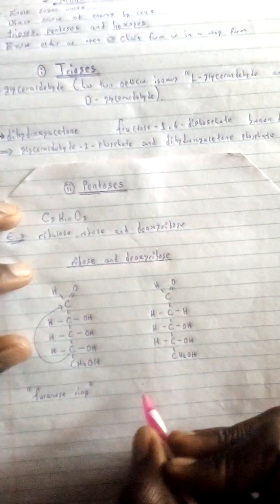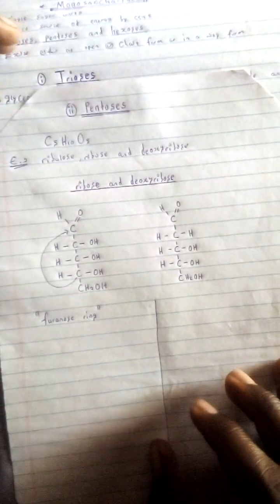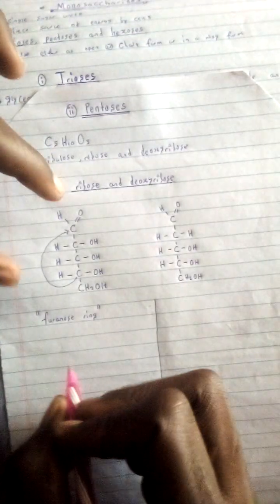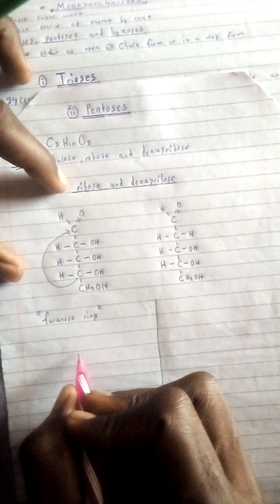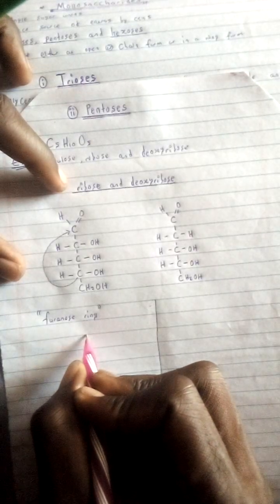Since we have ribose, this part will be for ribose and this part will be for deoxyribose, guys. So the structure will be like this. It will be a 5-membered furanose ring, remember.